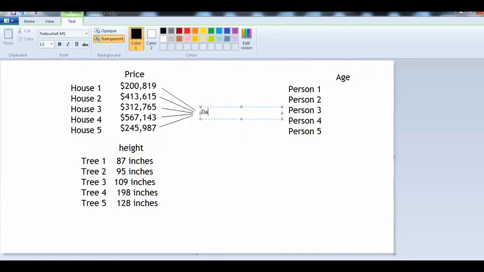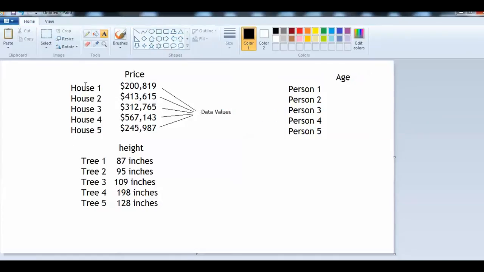They're the pieces of information that describe the houses. And one thing that I forgot to say is that even if some of the values are repeated, you would still record every value. So even if 2 of these houses had the same price, you would still record both prices. So if house 4 and house 5 were both worth the same amount, we would still record that same number 2 times.